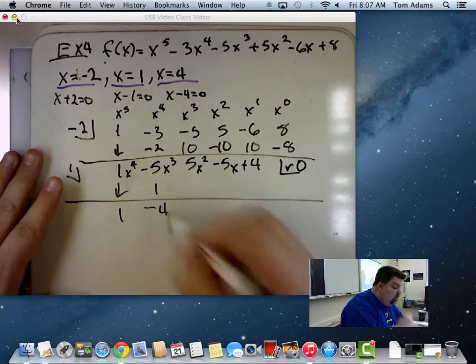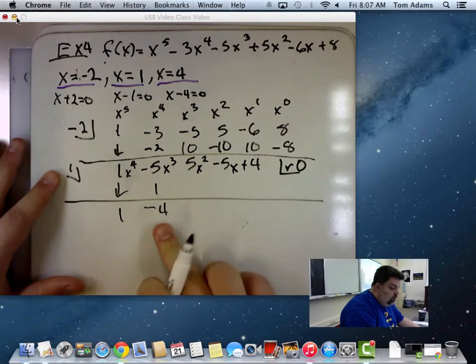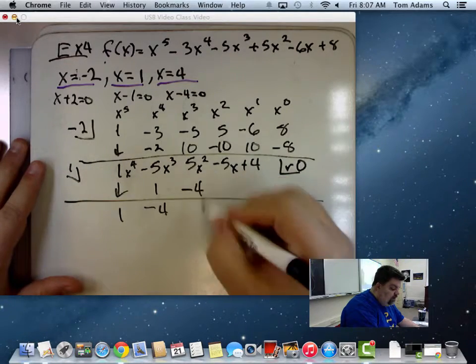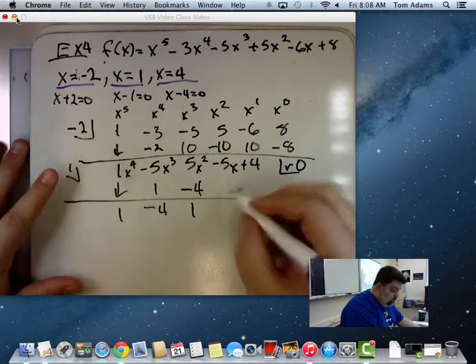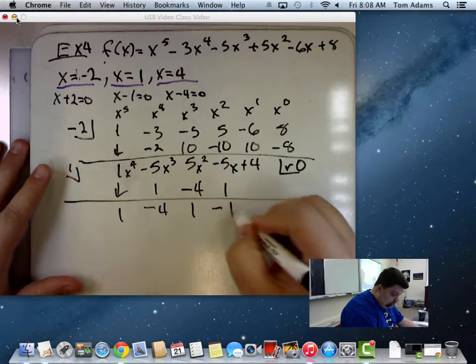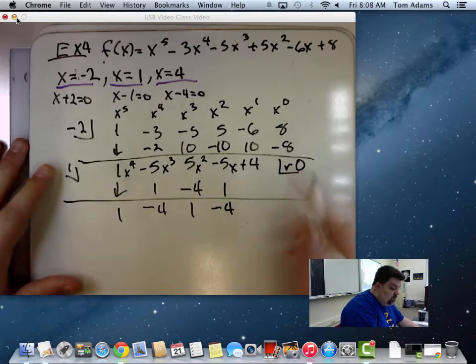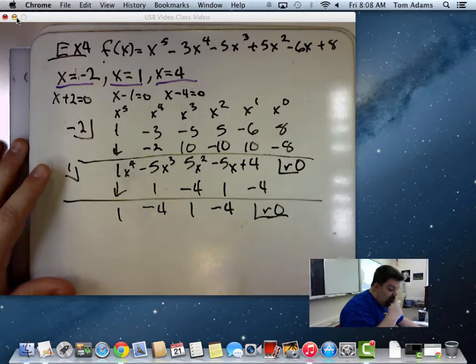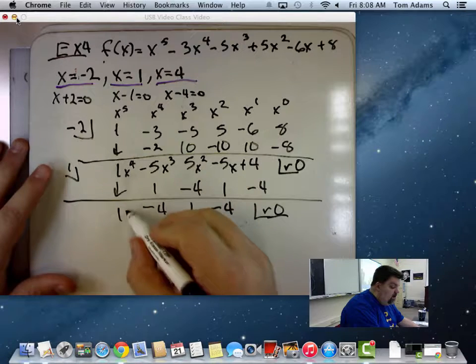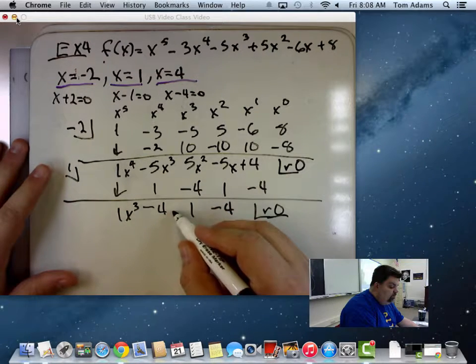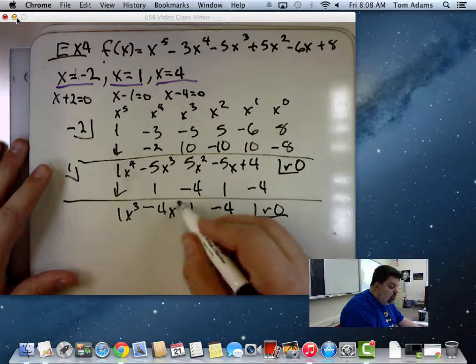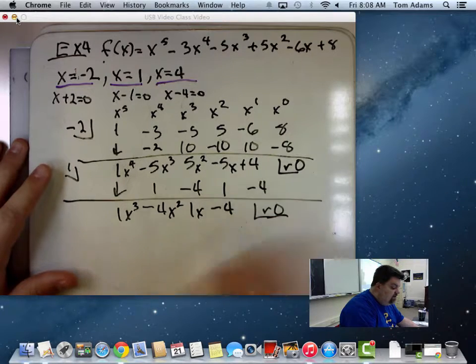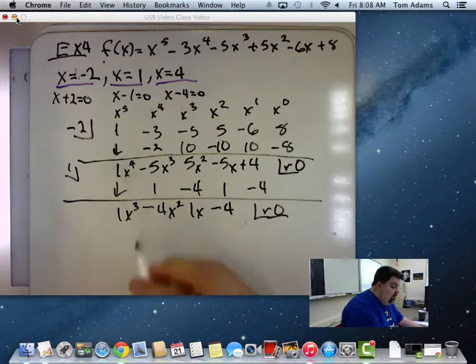That gives me negative 4. 1 times negative 4 is negative 4. That gives me positive 1. 1 times 1 is 1. Negative 4 times 1 is negative 4. A remainder of 0. Now this drops a power again. This is x cubed, this is x squared, this is x, and this is the constant. So that one checked out.